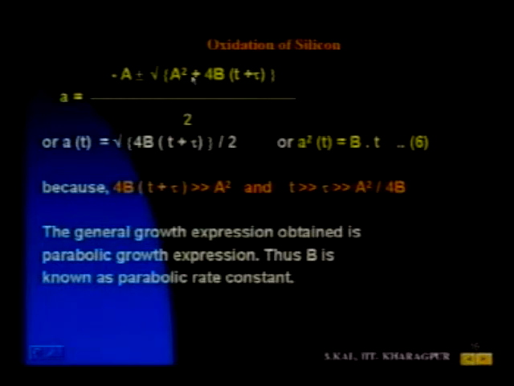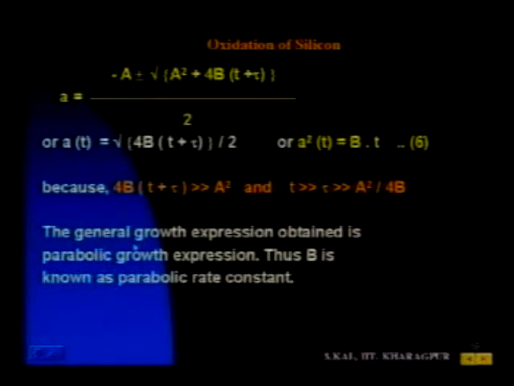Now this is neglected, under root B into T, small t, 4, and this under root 4 in the denominator, 2, cancels out. So then we get only A square of T equal to Bt, where small t is the time, and B is given by the relation already, which depends on the capital D, 2D N star by N V, that is the B. So here the general growth expression obtained is a parabolic growth expression.